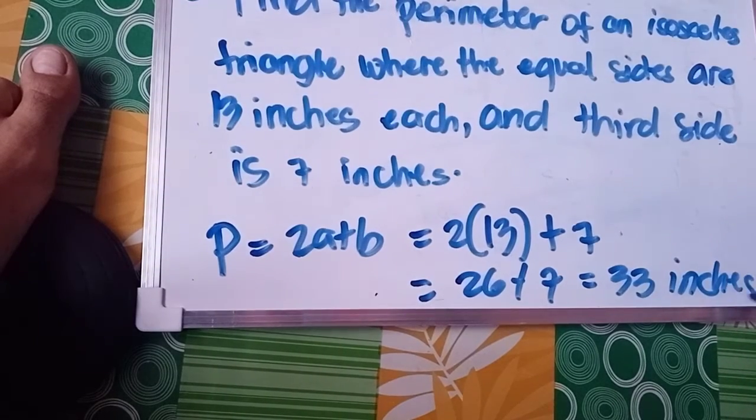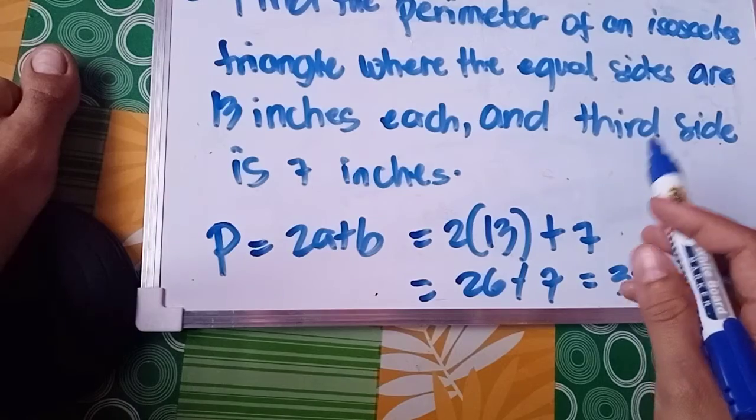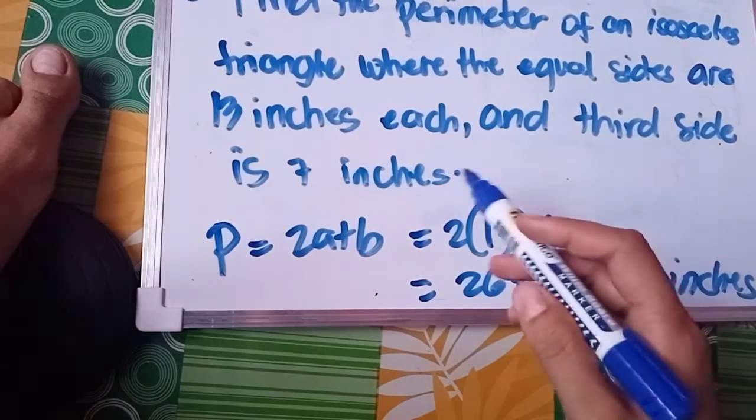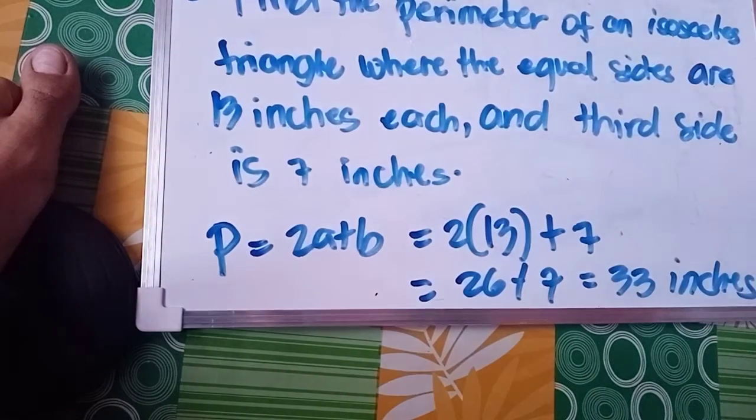So the perimeter of the isosceles triangle is 33 inches.